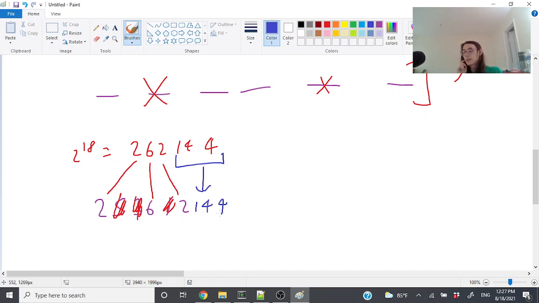So that's the basic idea. We're going to go through the subsequences, and whenever we find a match for our current position in the power of 2 and the string, that's a digit we can keep.